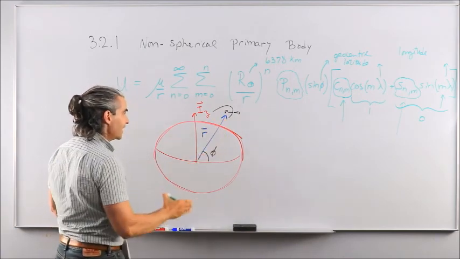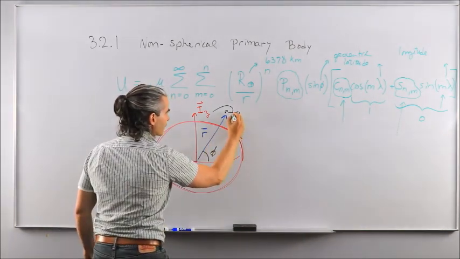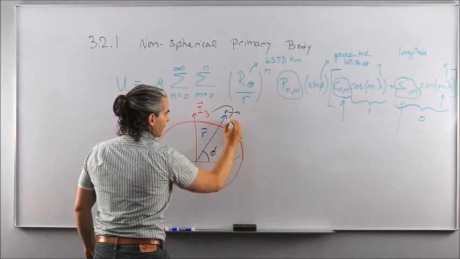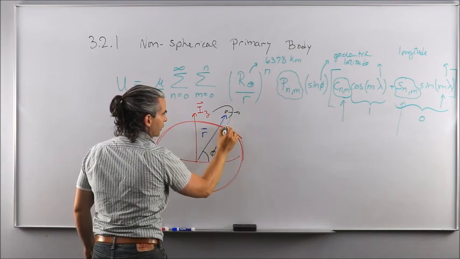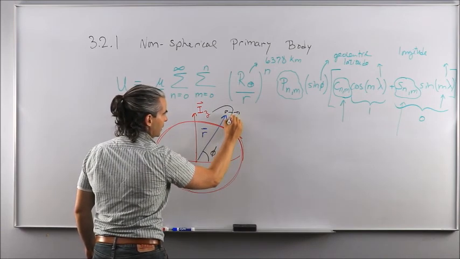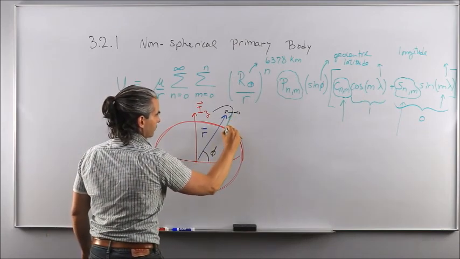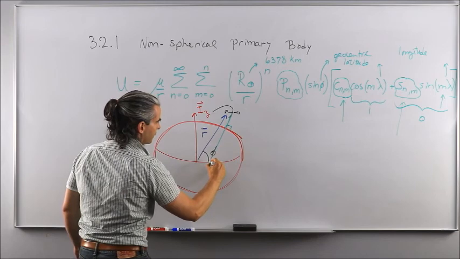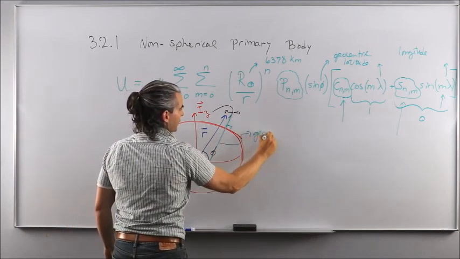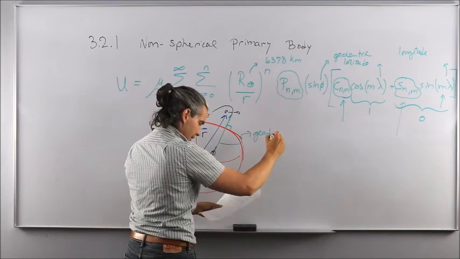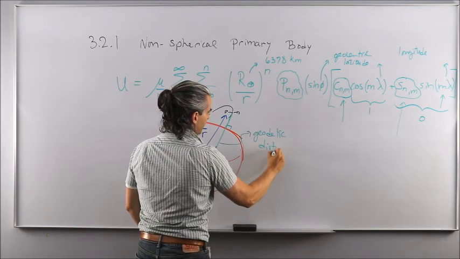But the geodetic distance would be the distance from the spacecraft going down in a perpendicular fashion to the surface of the Earth immediately below the spacecraft. Okay? Just keep going on with this line here. And that distance would be the geodetic distance.